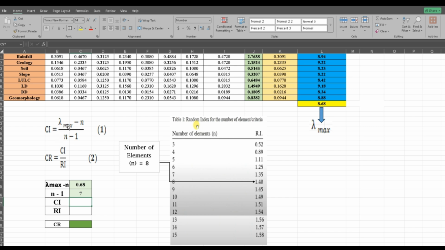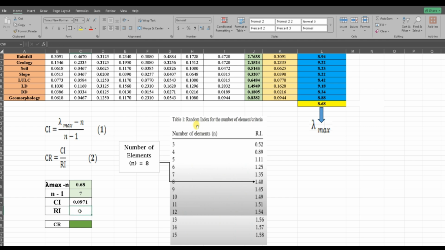Consistency index is equal to lambda max minus n over n minus 1. Lambda max minus n is 0.68 divided by 7. Here, consistency index is equal to this value divided by 7, which is equal to 0.0971.